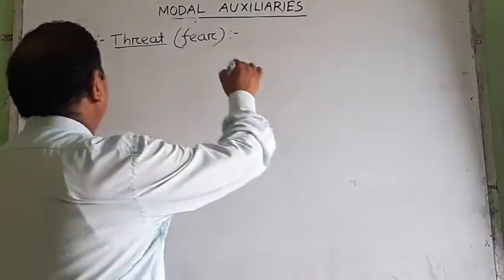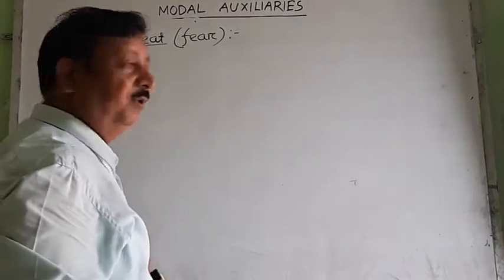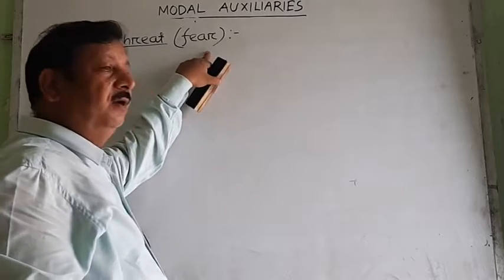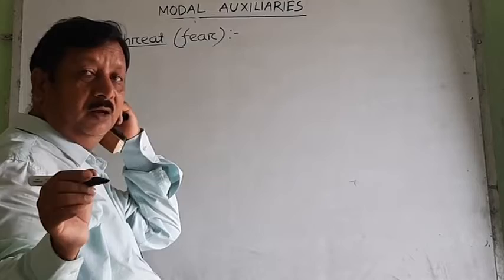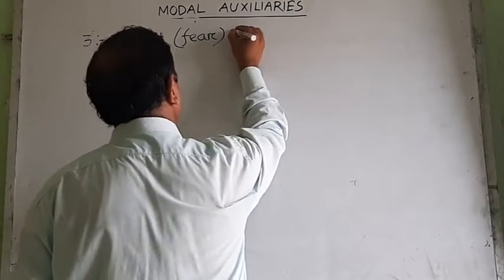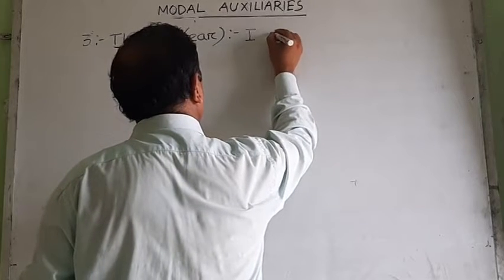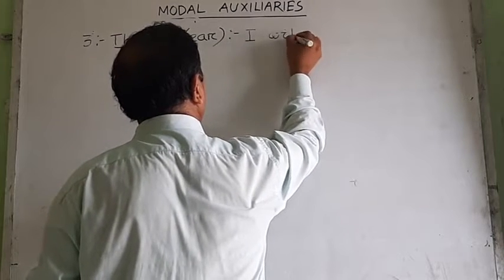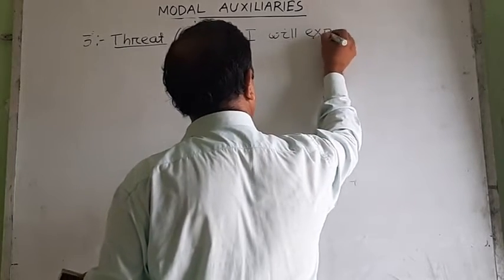So see here, threatening or fear, cause of fear can be heard from what? It can be heard from use of will with the first persons. How is it? Suppose someone says, I will expose her.